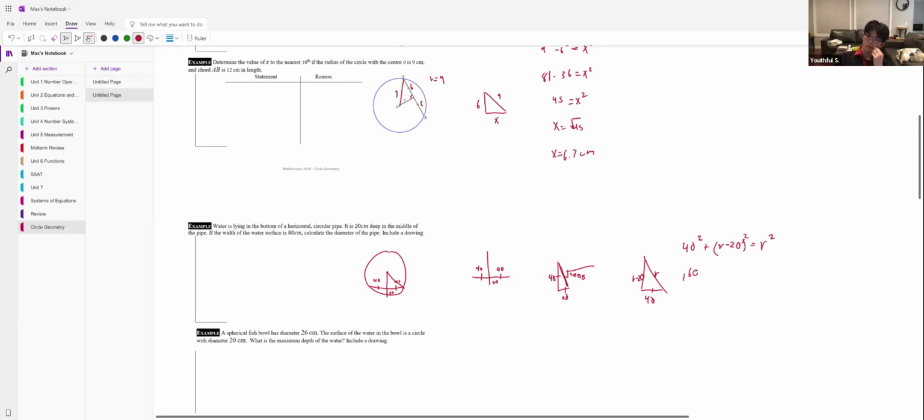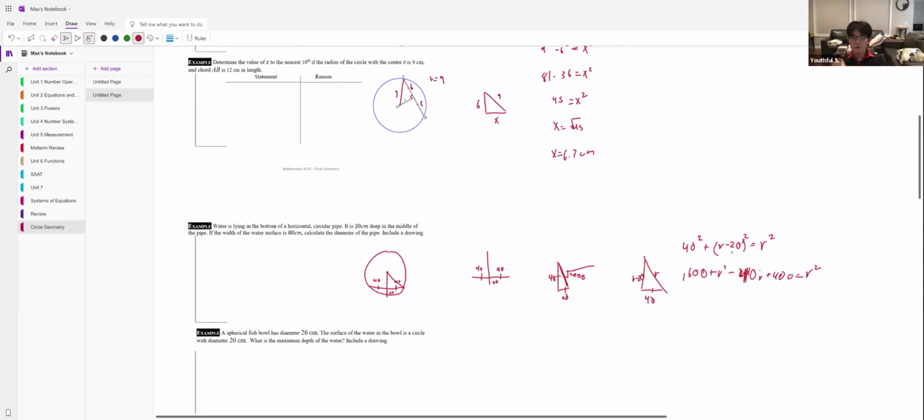So then 1600 plus r squared minus 40r plus 400 is equal to r squared.